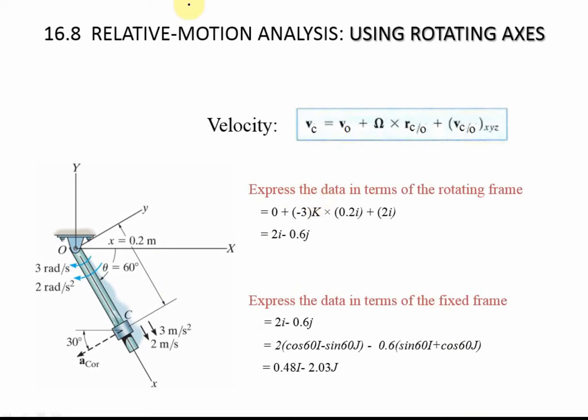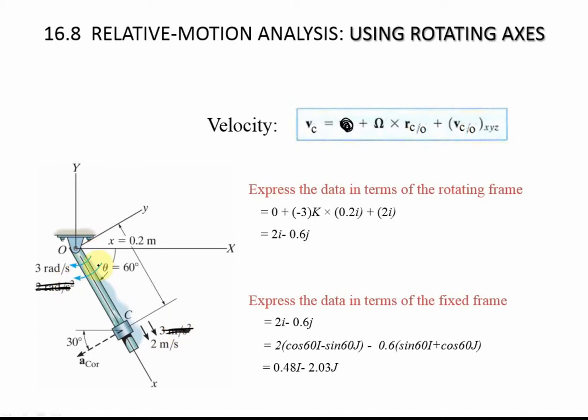So in equations, you can ignore just this part here because the rotating axis and fixed axis is aligned. So we don't need first term. And then this is the term that we have right now. So right now we ignore the acceleration at this point. So we have only the velocity.